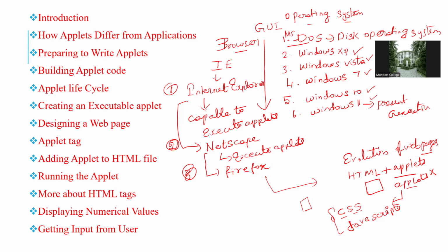Now, to implement an applet, we need HTML tags. So we need some knowledge of HTML, and that HTML tag we are going to merge with Java code. So Java code plus HTML tag is nothing but an applet.